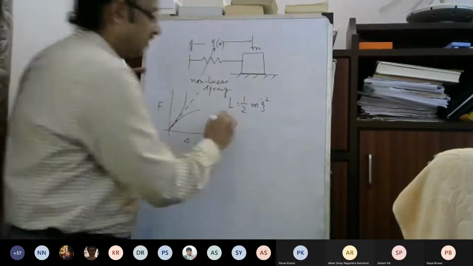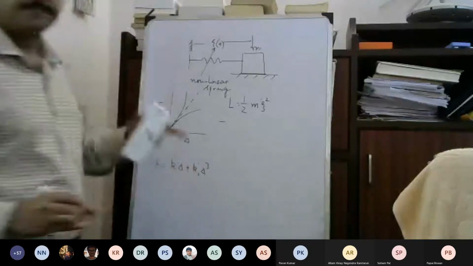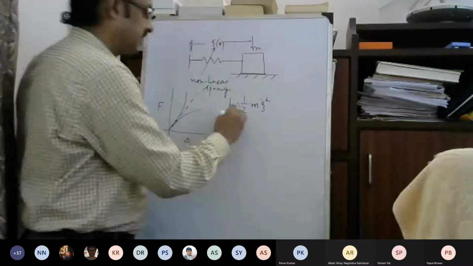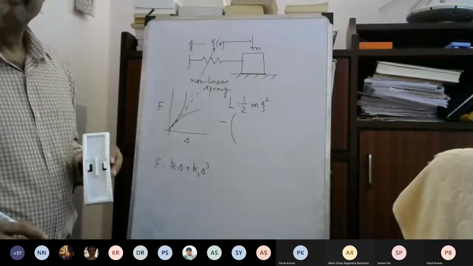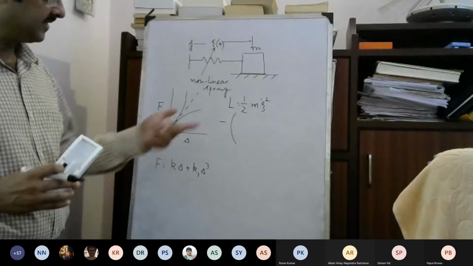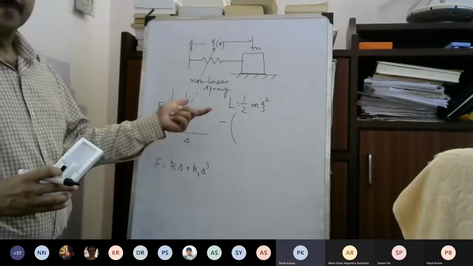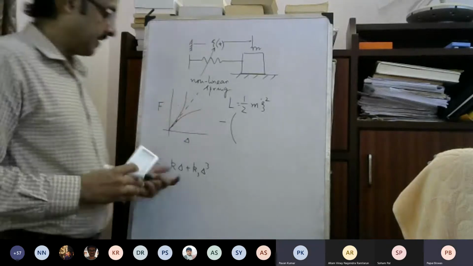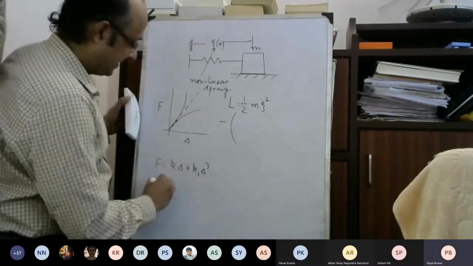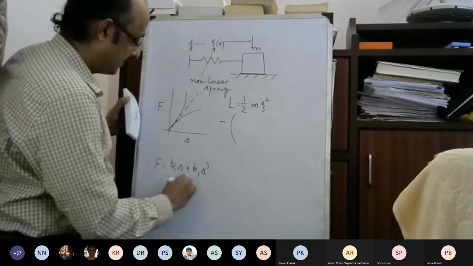So the zeta dot, and what will be the potential energy? Kinetic energy minus potential energy. What is potential energy? Integral of F d zeta. And remember, delta is nothing but zeta minus Lf.